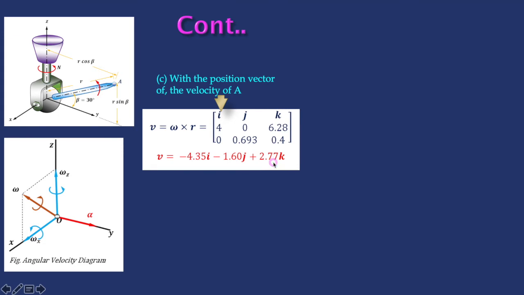Though omega and r do not have all three components, we see that the velocity has three components, i, j and k.